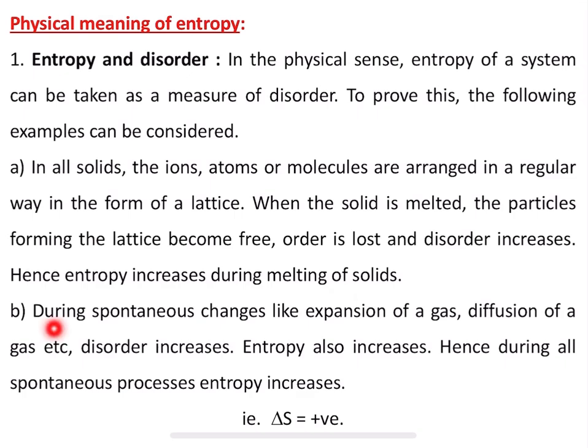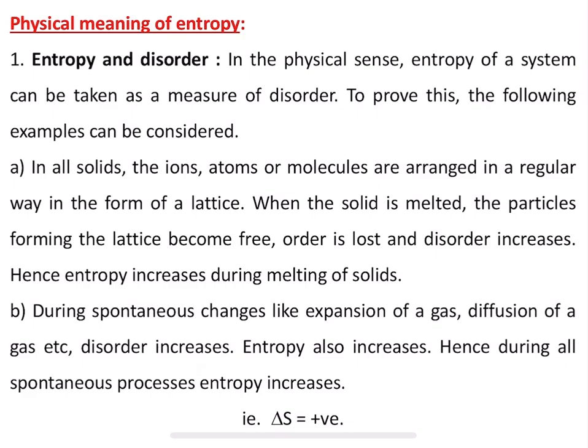The second example is spontaneous changes like expansion of a gas, diffusion of a gas, etc., where disorder increases. It is the same example I took while explaining the Joule-Thomson experiment.